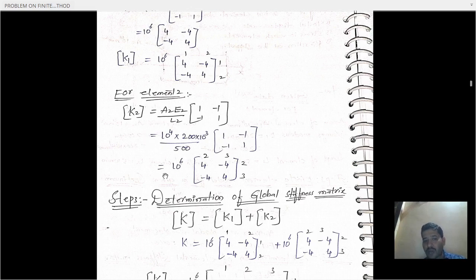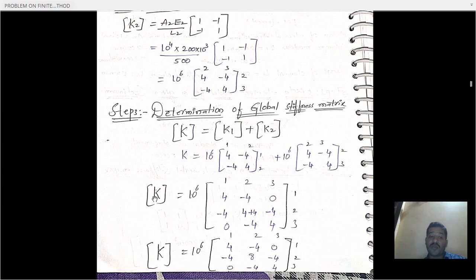Divide this whole value and you get 4 into 10 power of 6. Multiply directly: 4, minus 4, minus 4, 4. Then we take here 2 and 3, because this is the second node and third node, second node and third node.